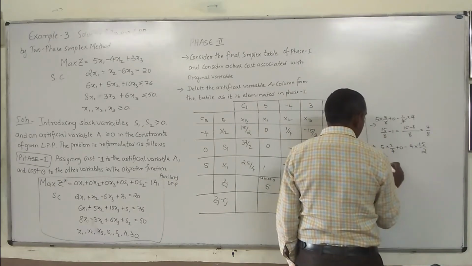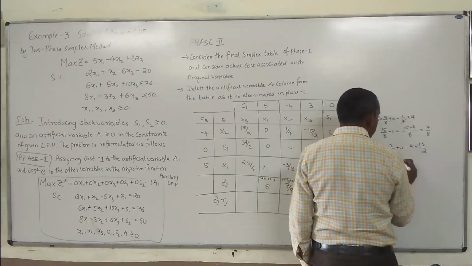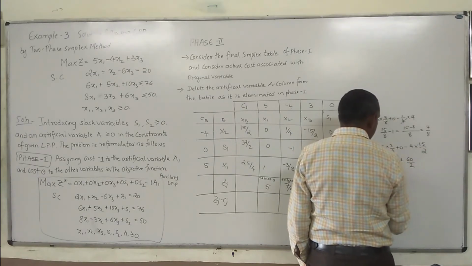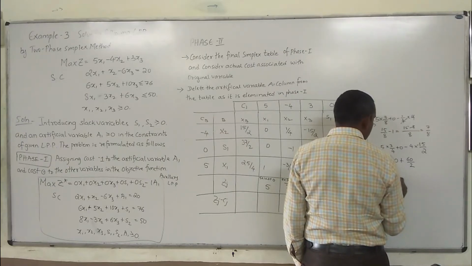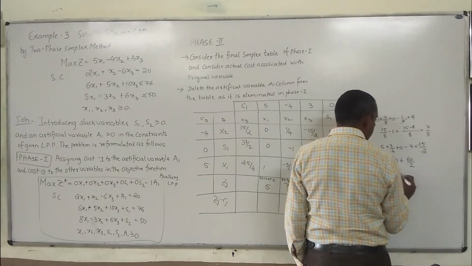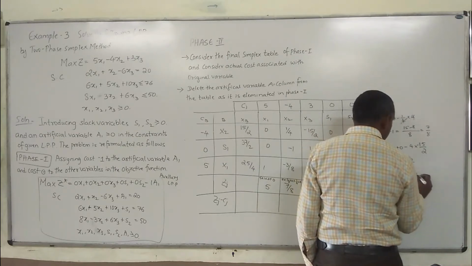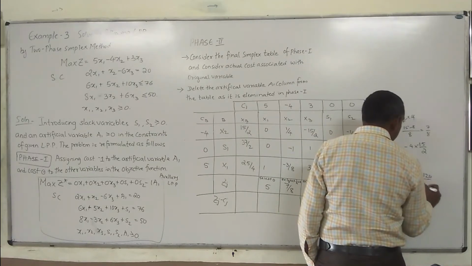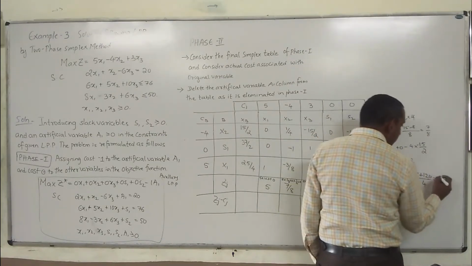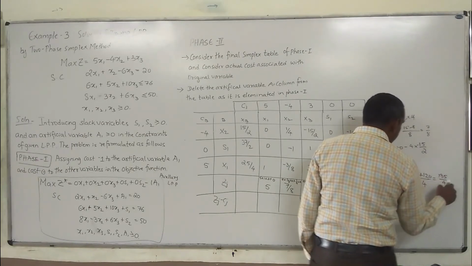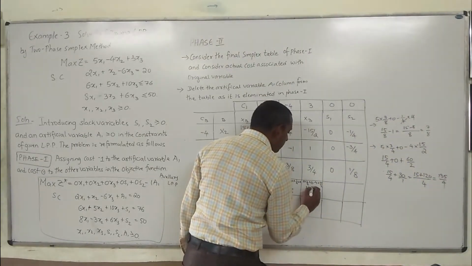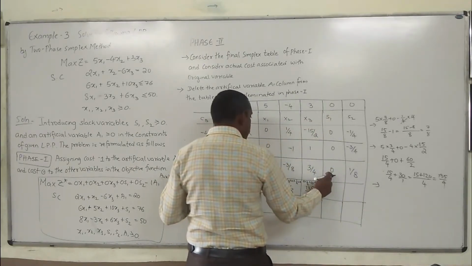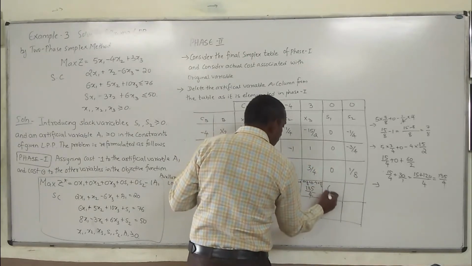It is 15 by 4 here plus 0 plus 60 by 2. So that is 15 by 4 plus 30 by 1. So 15 plus 120 divided by 4. How much it is? 135 divided by 4. Next one. This is 0. This is 0. This is 0. Whole thing is 0.